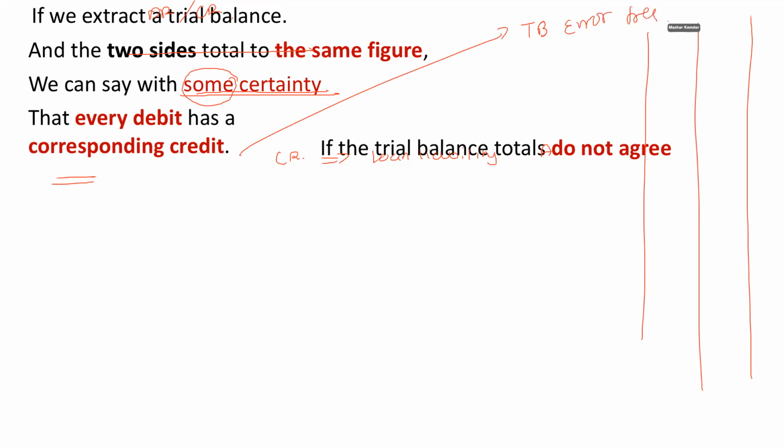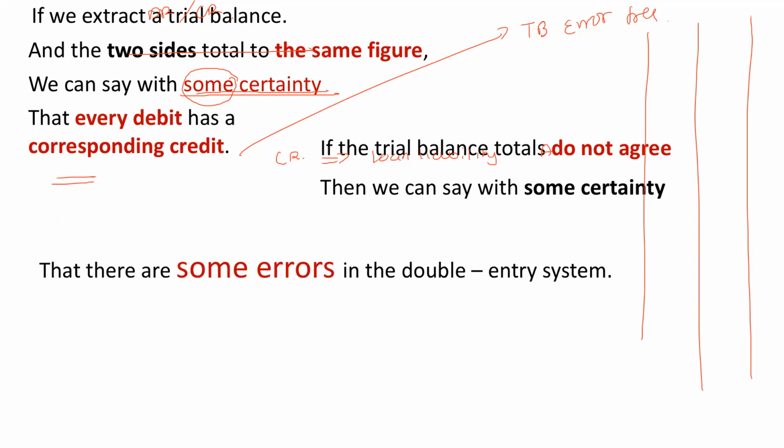However, if the totals do not agree, then we can say with some certainty that there are some errors in the double entry system. Okay, kids?